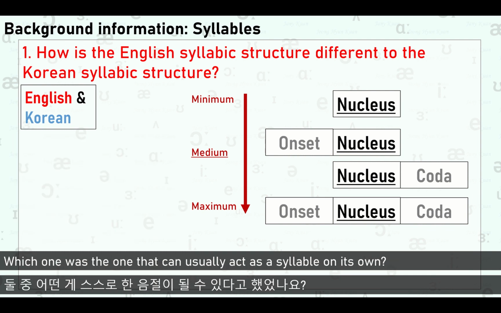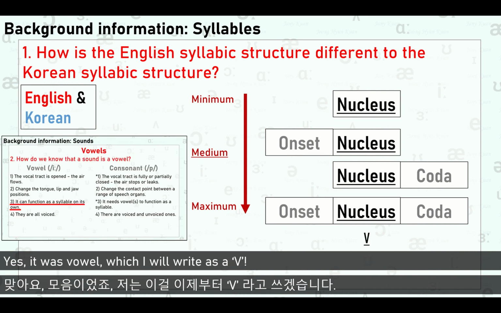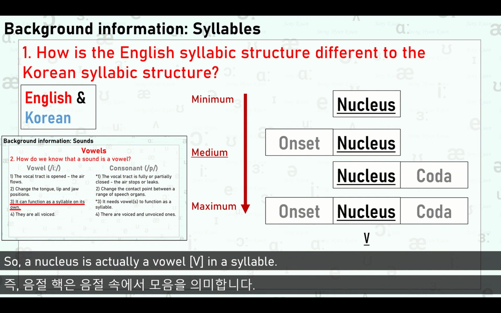Which one was the one that can usually act as a syllable on its own? Yes, it was the vowel, which I will write as a V. So, a nucleus is actually a vowel in a syllable.